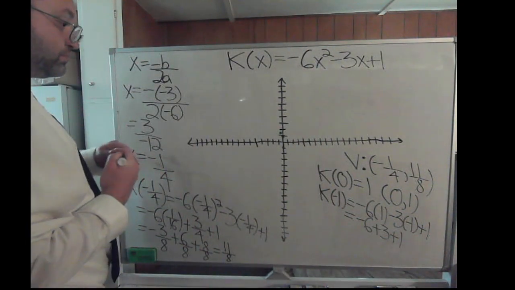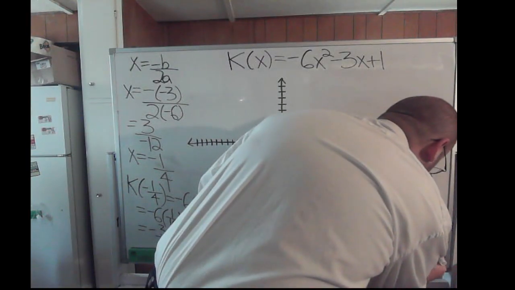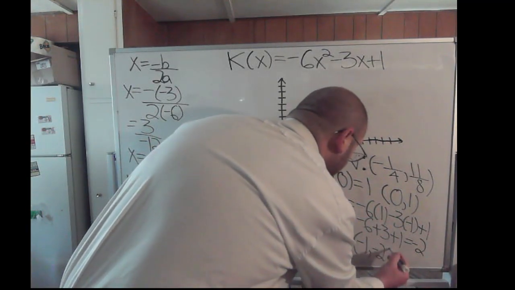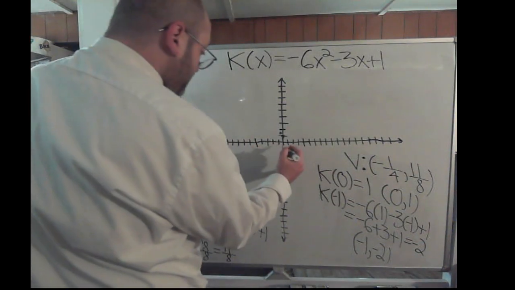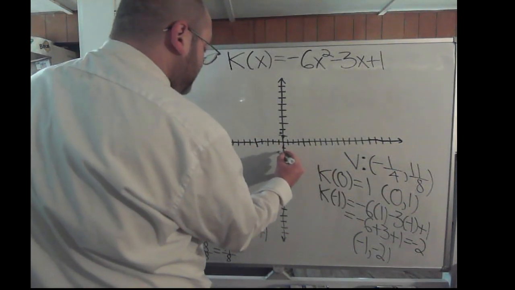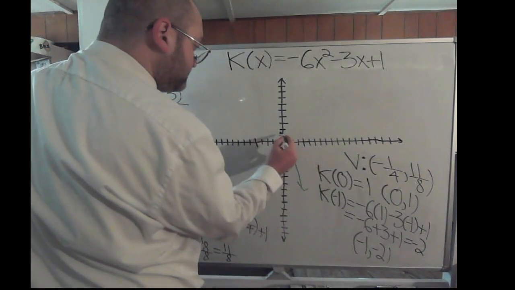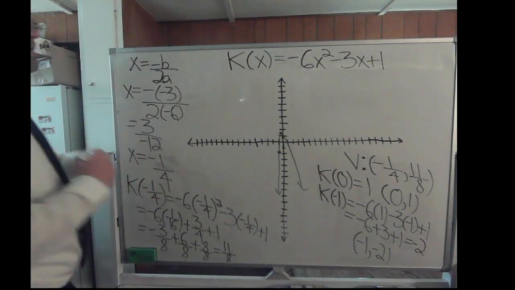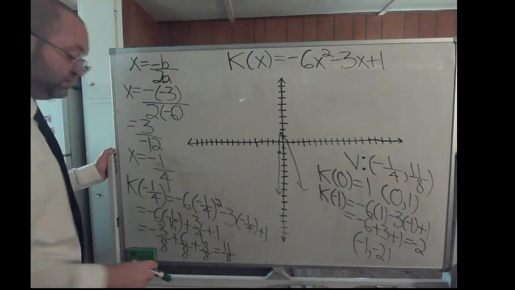So negative 6 plus 3, negative 3 plus 1, that's negative 2. So you also get the point negative 1, negative 2. So negative 1, negative 2 is right here. You can connect the dots. And that is the graph of k of x equals negative 6x squared minus 3x plus 1.